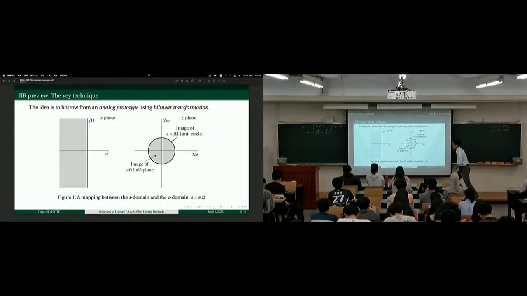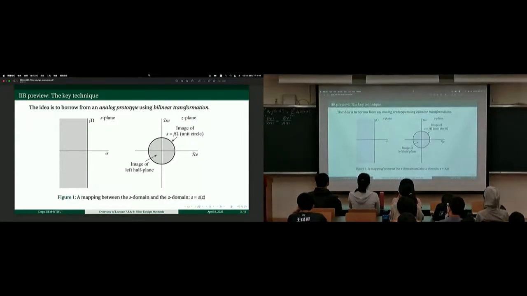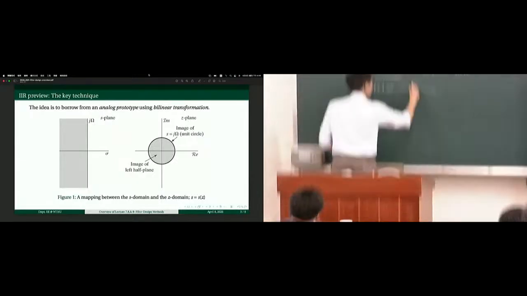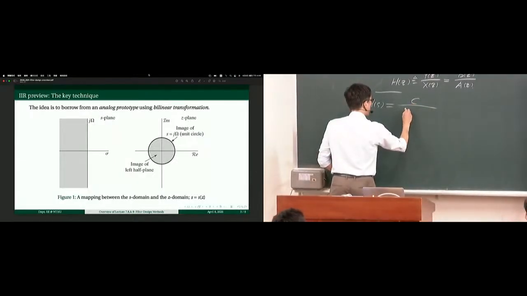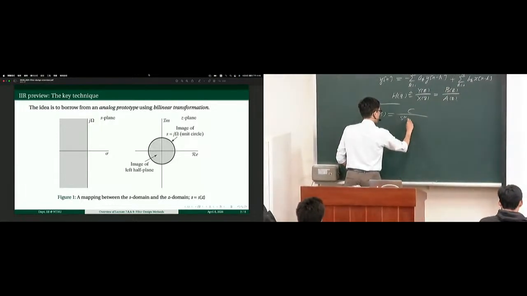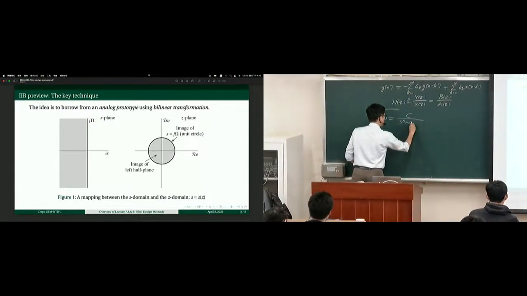Let's say we start with some H of S, which, interestingly, can also be written as a constant divided by a polynomial of S: S^n plus a_(n-1) S^(n-1), and so on, down to a_1 S plus a_0.